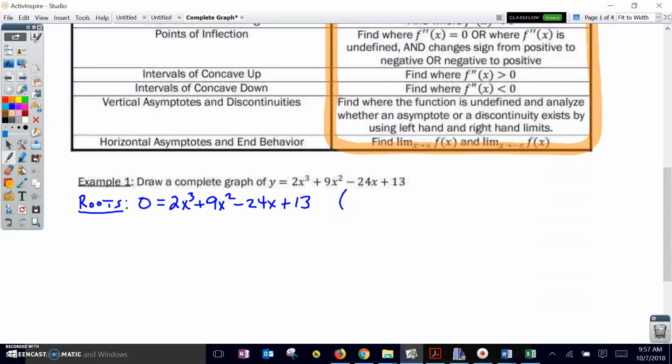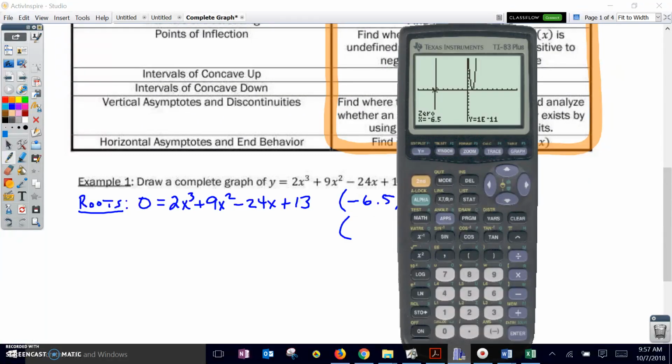So we've got -6.5 comma 0 as one of our roots. And the other root here looks like it's at 1.